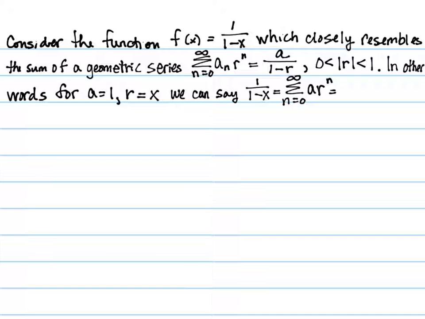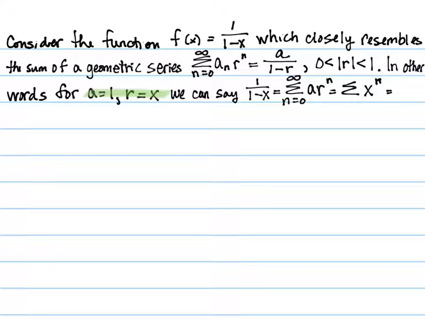And specifically, for our values, a would equal 1. I put it up here. If you want to write the 1 in, you can. And r is equal to x. So x to the n, like that.